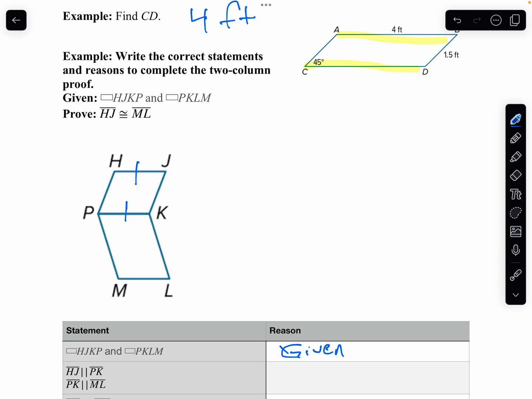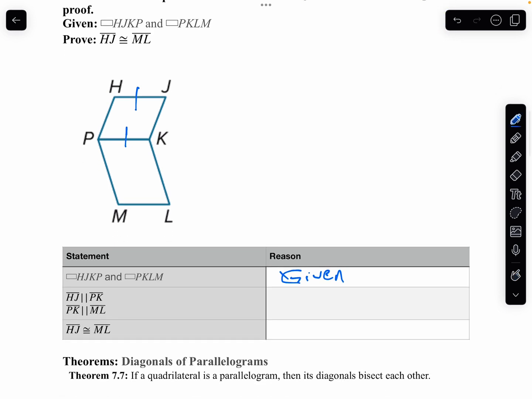Why is that true? Well, that's our first theorem. That is, we know the opposite sides are congruent. And we know PK is congruent to ML.